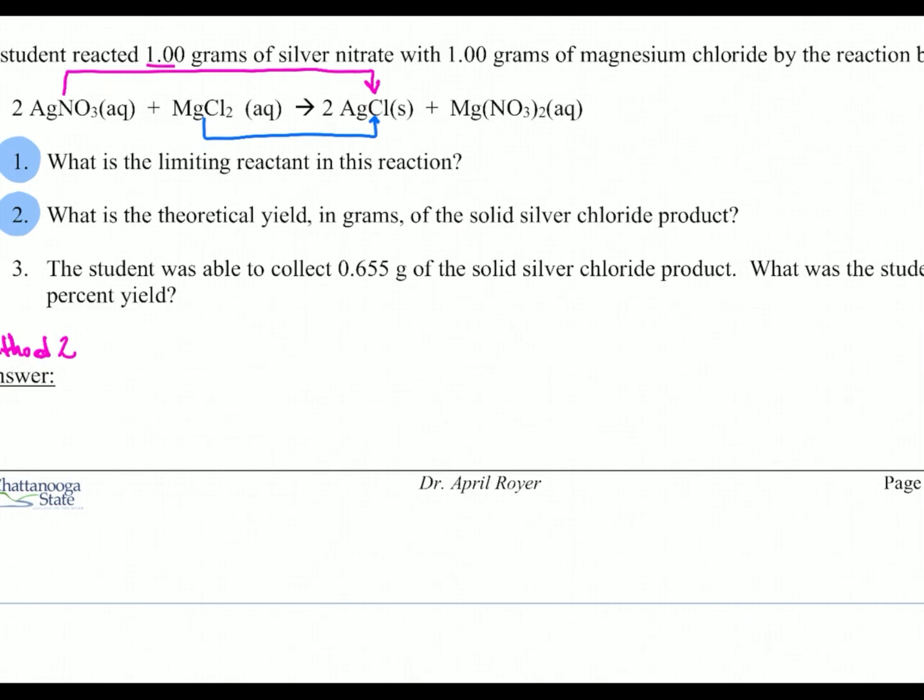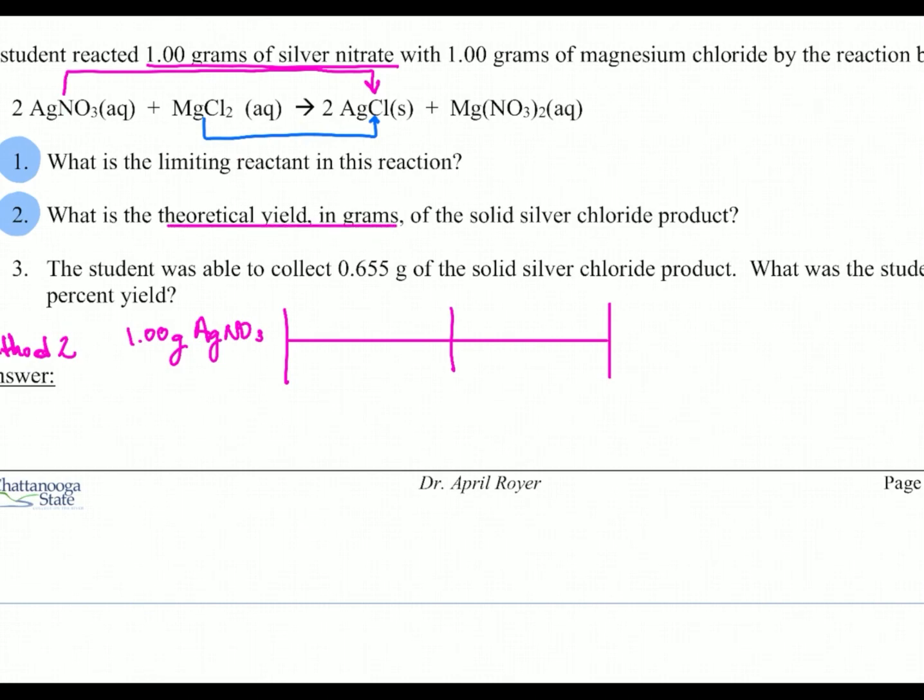It says that I had 1 gram of silver nitrate, so 1.00 grams of AgNO3. We're going to need to go to moles. We're going to need related moles. And since number 2 asked for the theoretical yield in grams, we're going to go from moles of the new stuff, or product, to grams of.